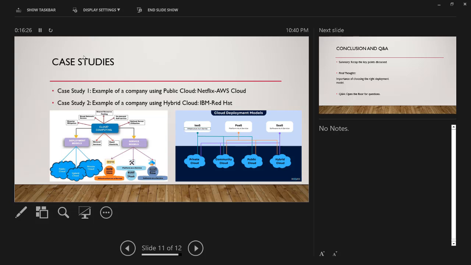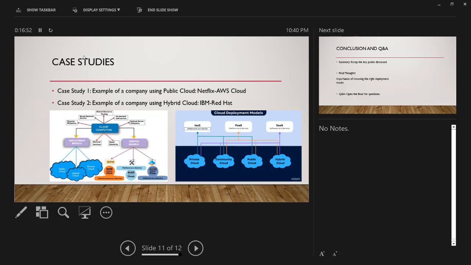So we have the deployment, you have the service model, and it gives us some of the features that we can get, which are on-demand services, optimized server utilization, broad network access, disaster and migration recovery. So these are the case studies that I feel are very important when you want to go into cloud.